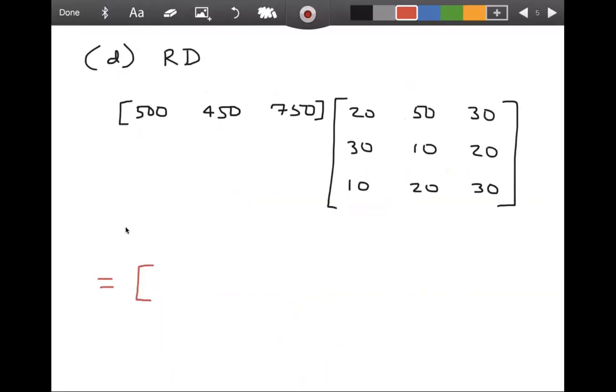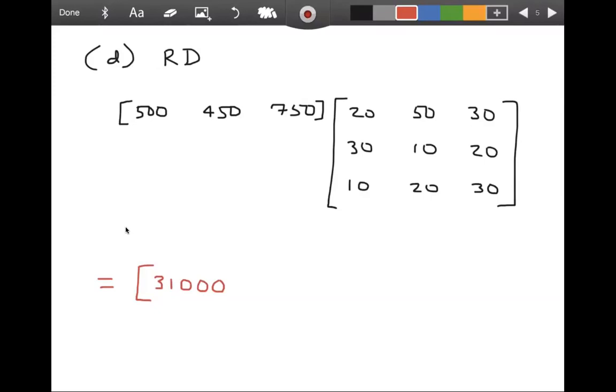The first entry will be 500 times 20 plus 450 times 30 plus 750 times 10, which comes out to 31,000. So this is the money that came in to store one for the inventory that was sold in December.